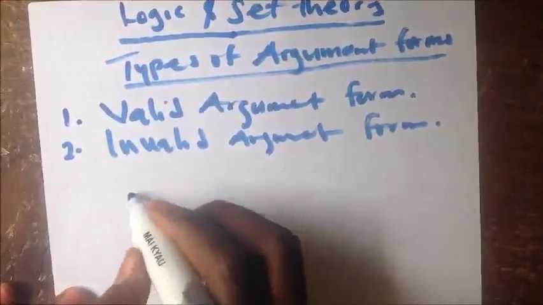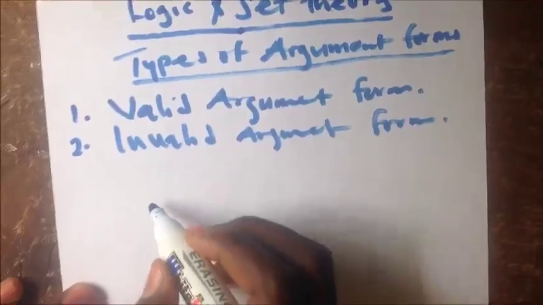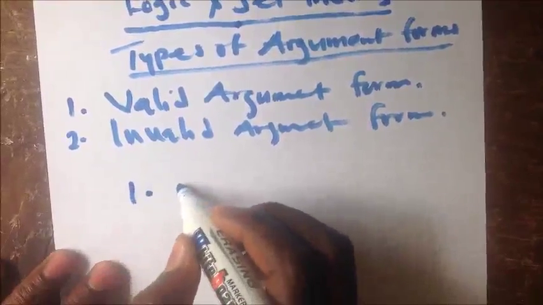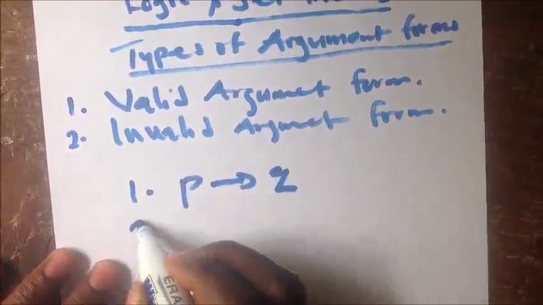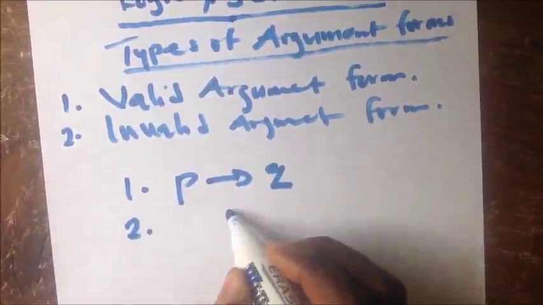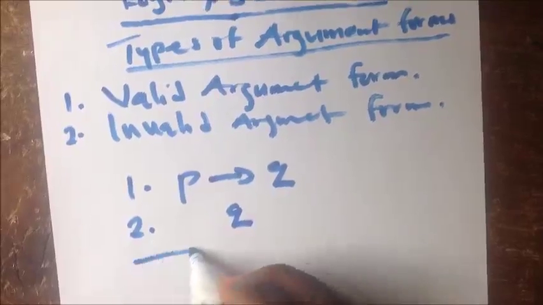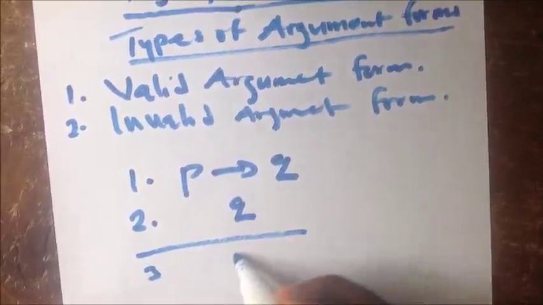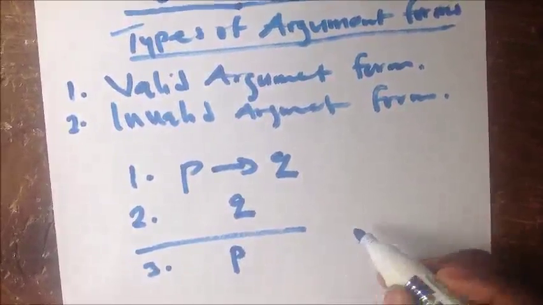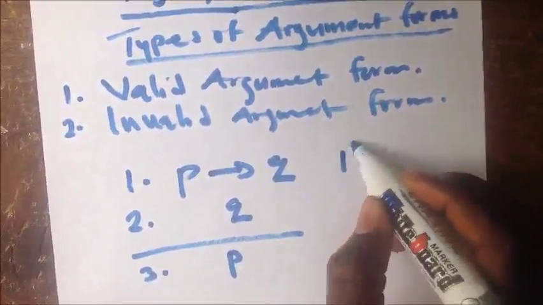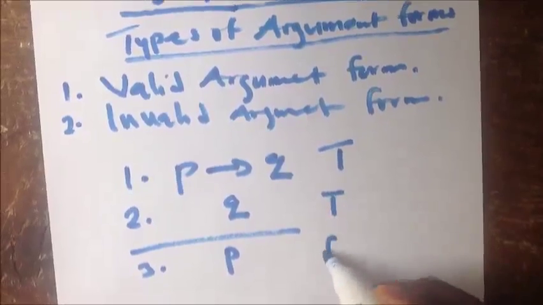So now let's take an example under this valid argument. Let's say we have argument 1: P if and only if Q, number 2: Q is true. Therefore, number 3 is P. Now when you look at this statement, what it means is that let's say here is true, here is true, here is false.